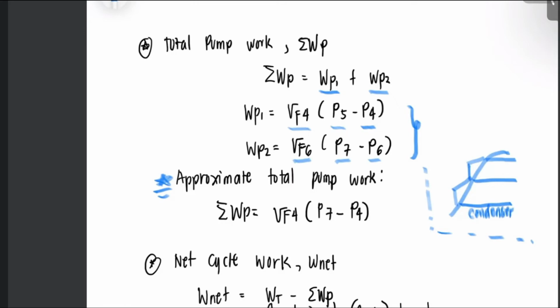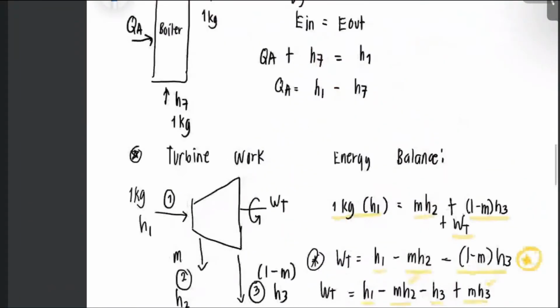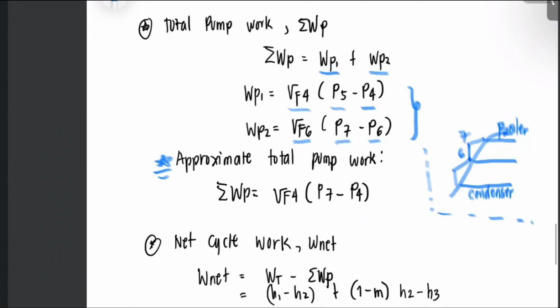Ito yung sa boiler natin. So, this is 7, this is 6, and this is, tama ba? 5, 4, 4. So, this is 5, and this is 4.